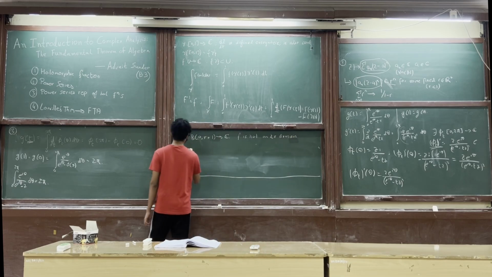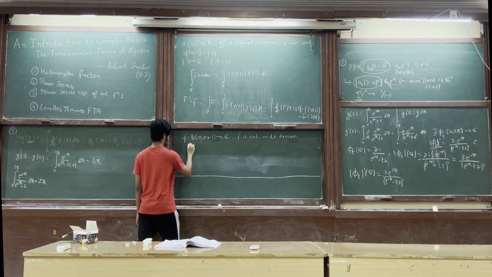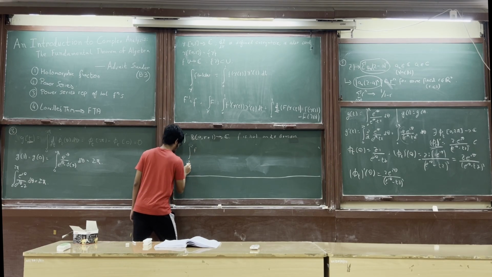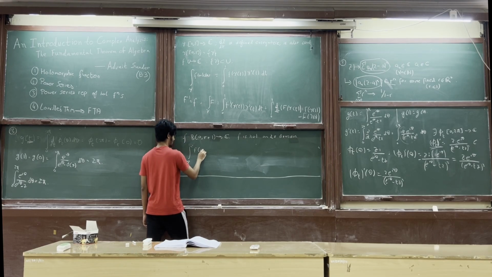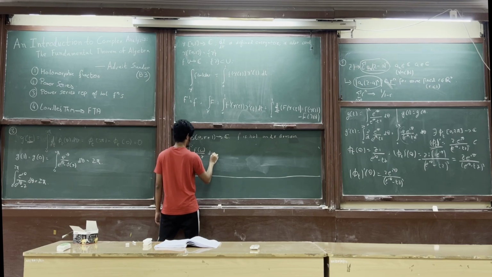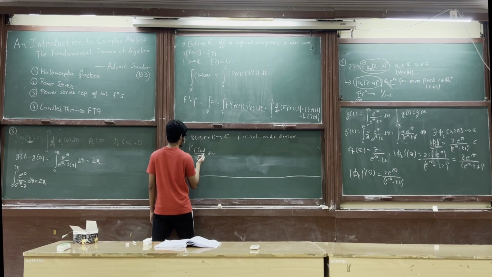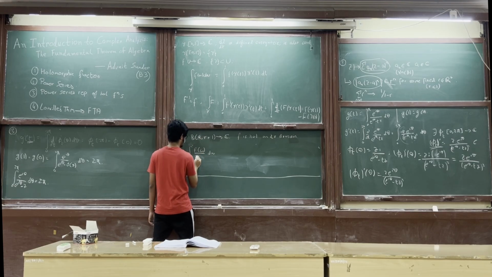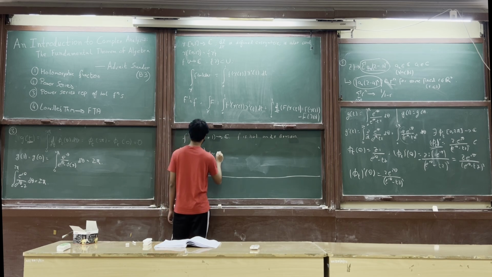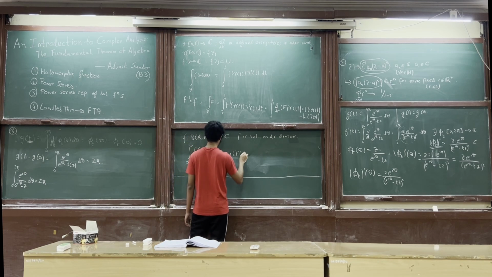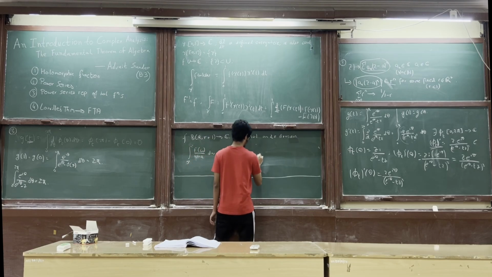Then the integral over gamma, we just define what gamma is in a bit, take this to be some center a, equals 2 pi i times f of a.